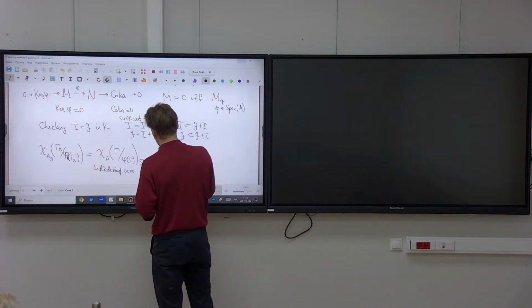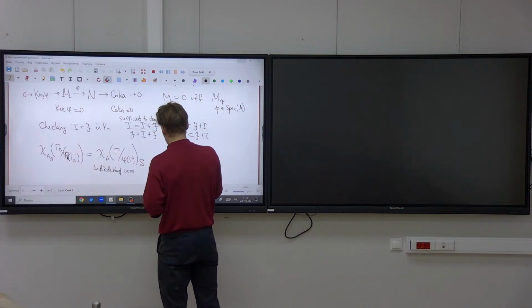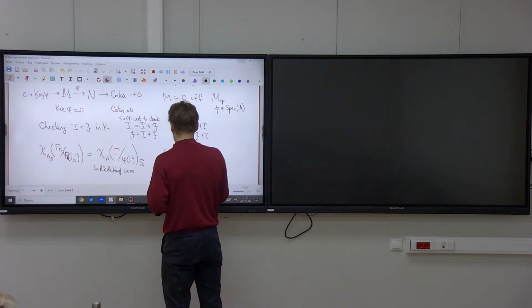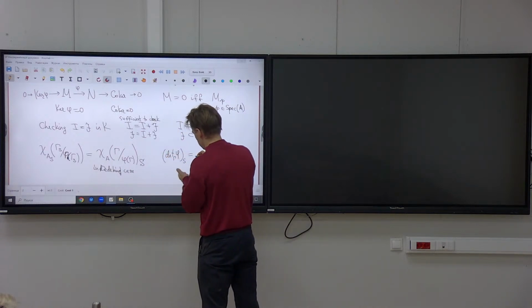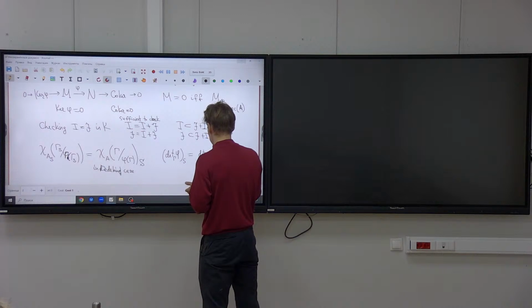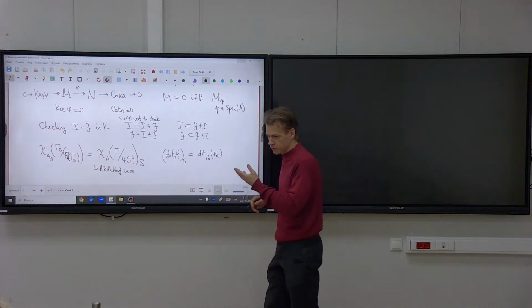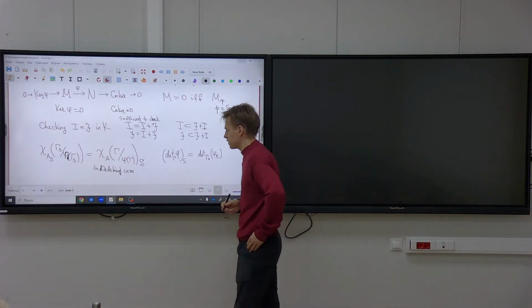And if you are speaking about localization, calculating the determinant of phi of gamma, it is even easier to see that the determinant of phi is equal to the determinant of gamma S phi of S. Here it is trivial. You just apply the same thing of checking over the bases.